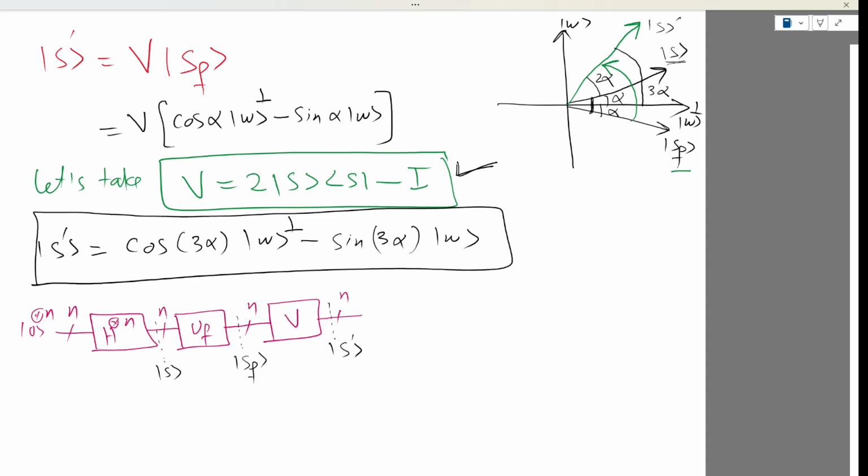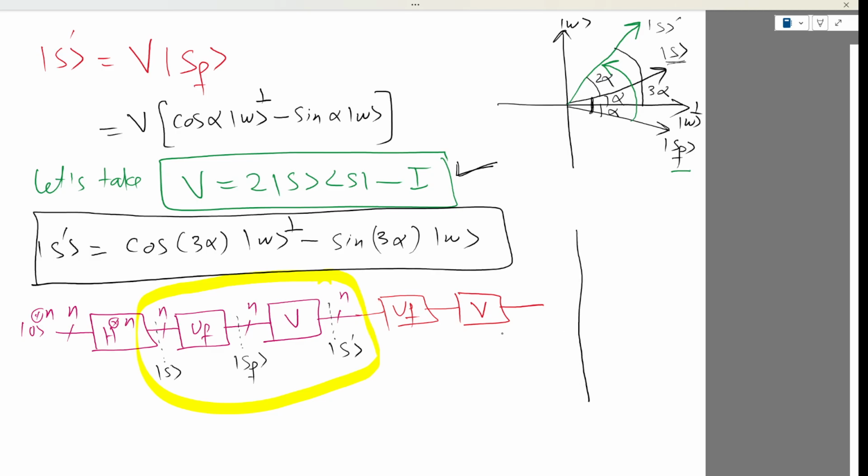We are going to apply this UF again. In circuit terms, you can imagine that this UF is coming again, and then V would come again. So we are exactly going to repeat this block. Let me do it here and write the output directly.